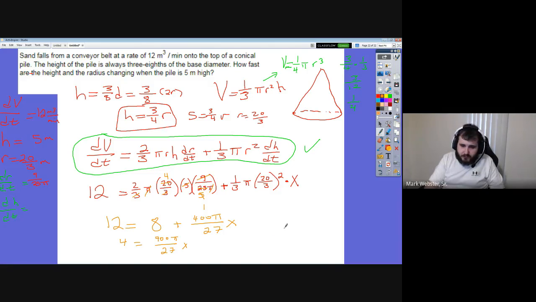If you do that, you should get that x equals 27 over 100 pi, right? Because the 400 and the 4 are going to cancel out. And this is also in meters per minute, just like this one was.